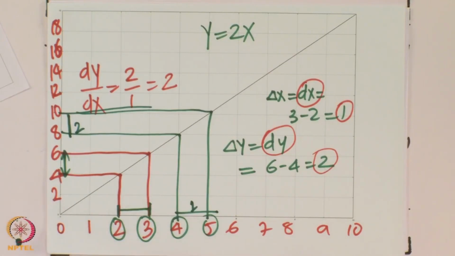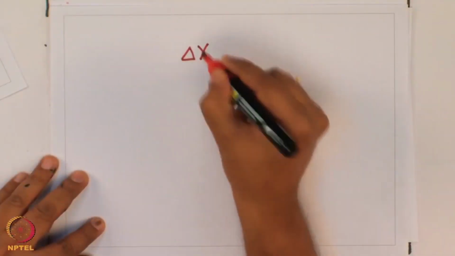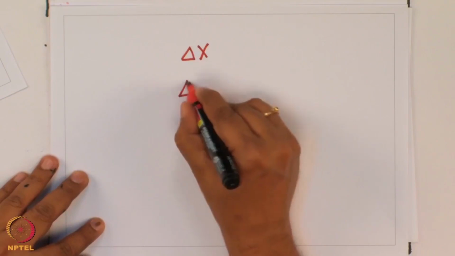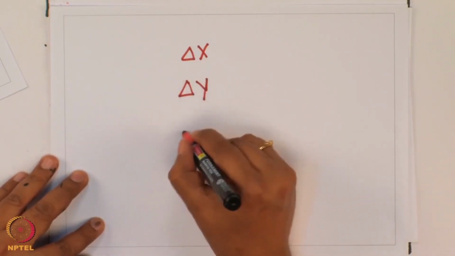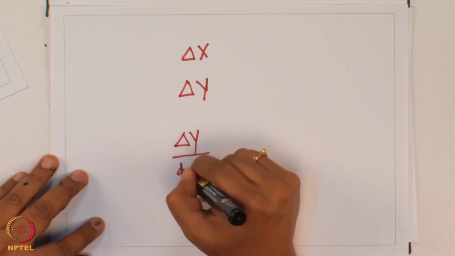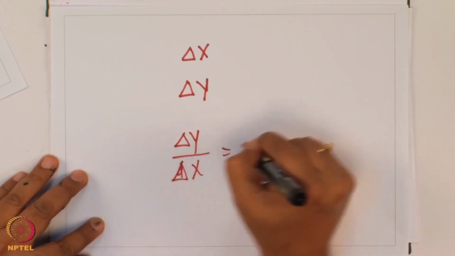So the point I wanted to make here is very simple: to calculate the derivative, take any two x values and calculate delta x, take the corresponding y values and calculate delta y, and delta y by delta x is my slope.